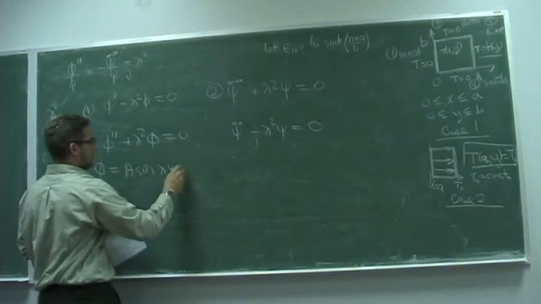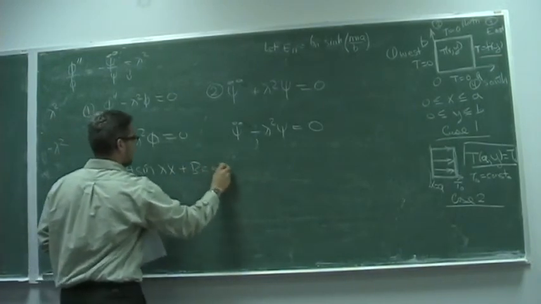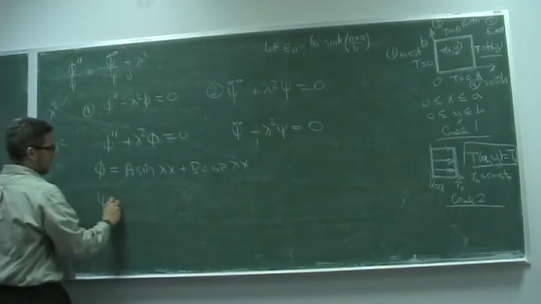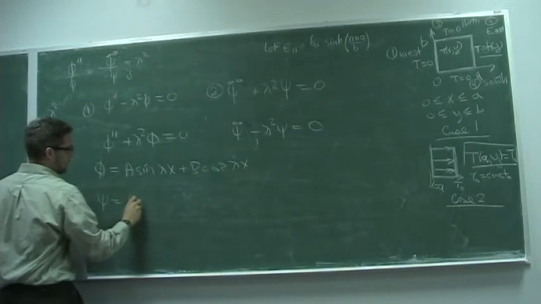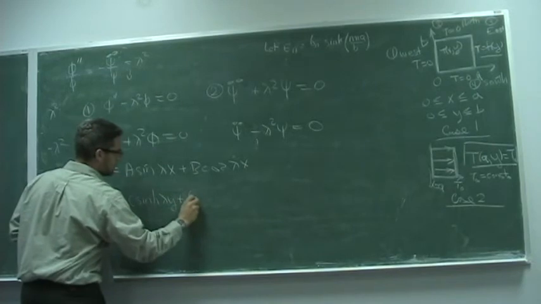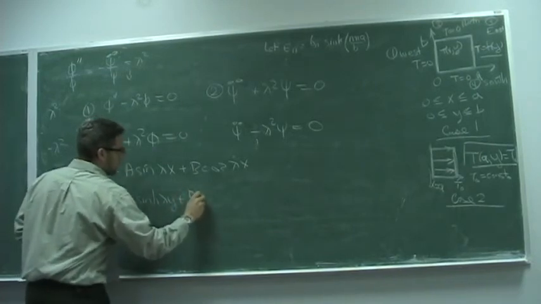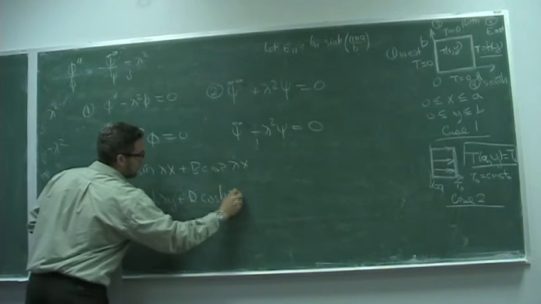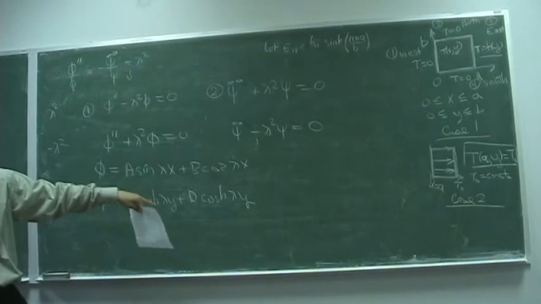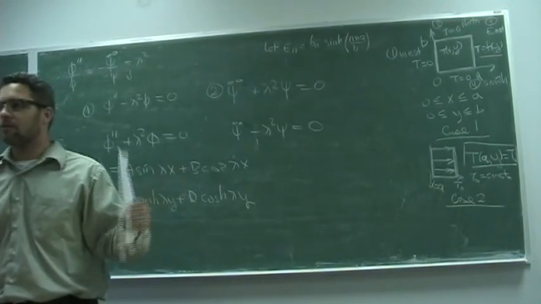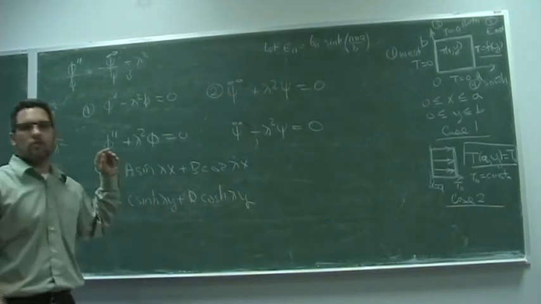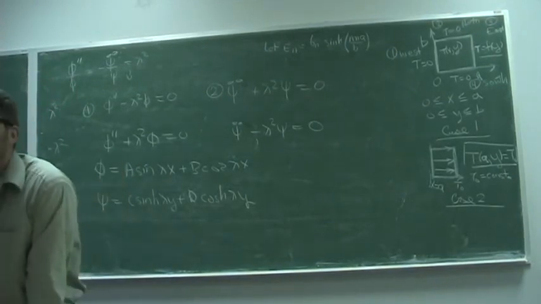So you should be getting b cosine lambda x, and your other one now becomes c sine hyperbolic lambda y plus d cosine hyperbolic lambda y. When you actually apply your boundary conditions, guess what's going to happen? The boundary conditions are going to affect your general solution differently. So that is the standard procedure.